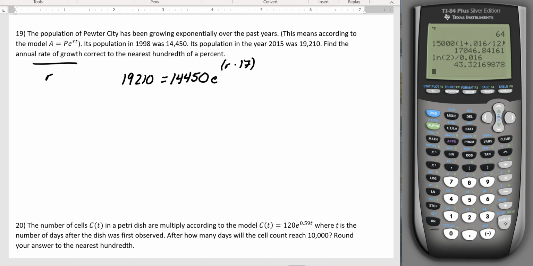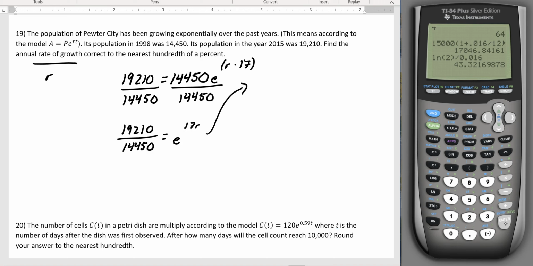So let's start by doing some math here. Again, I would avoid putting this into our calculator until the very end. So I'm going to divide both sides by 14,450. When I do that, I get 19,210 divided by 14,450 equals e to the 17r.